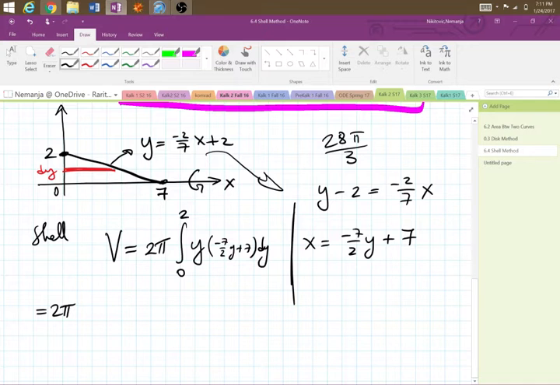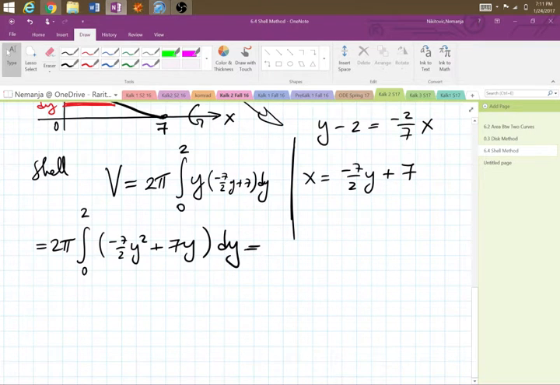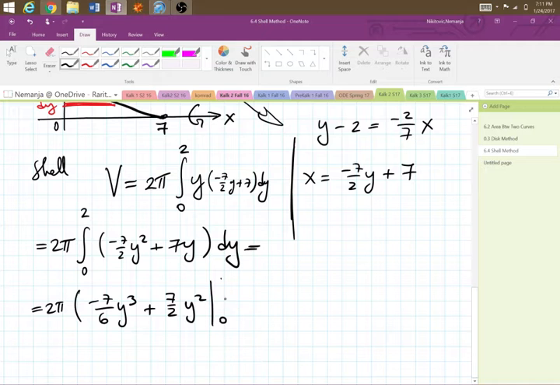So 2 pi integral 0 to 2, we get negative 7 halves of y squared plus 7y dy, and now it's time for us to integrate. So 2 pi integral is going to be negative 7 over 6 y cubed plus 7 halves y squared from 0 to 2. 2 pi.